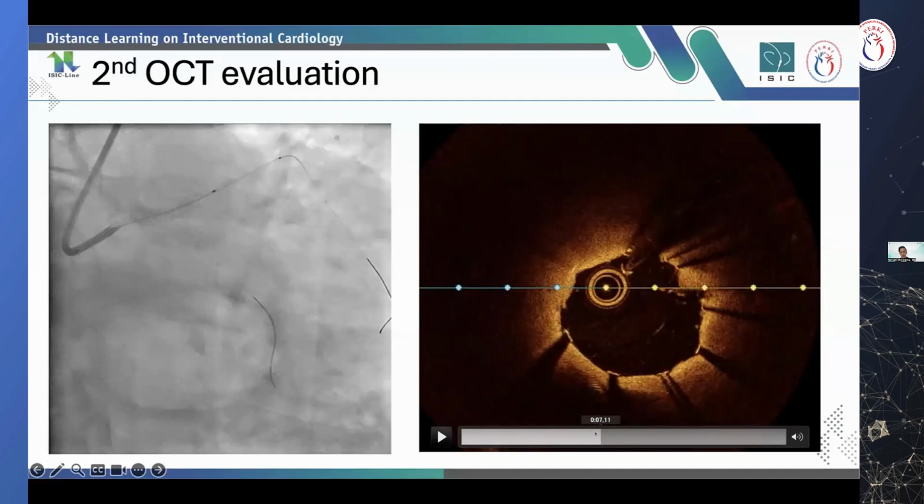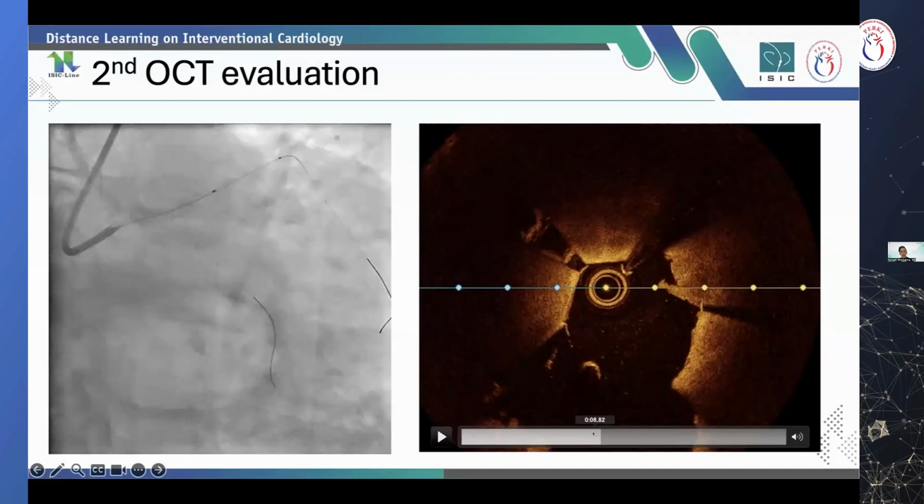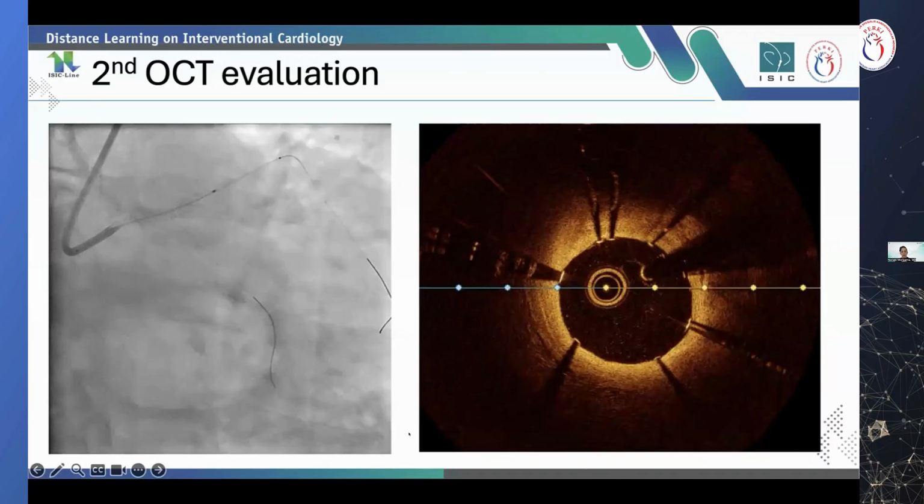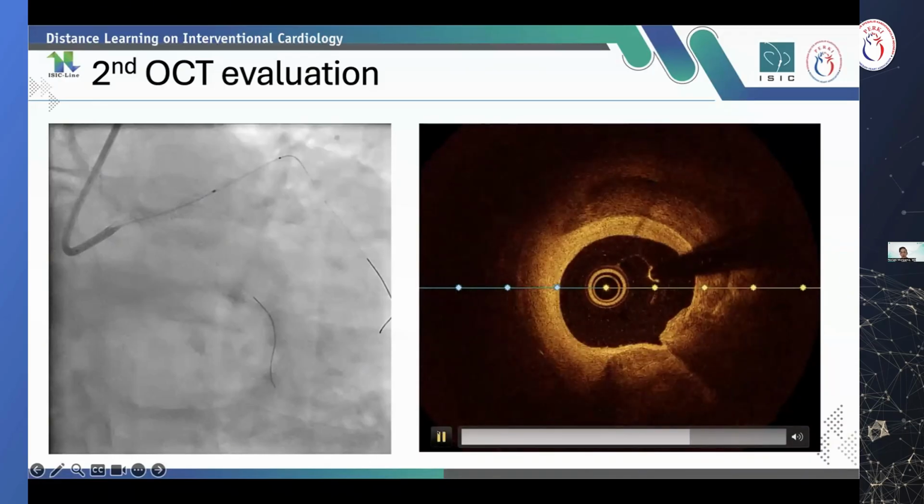I think the wire closes the distal part of the side branch. I think this is a very good sign. And this is the exact appropriate place of our side branch wire after POT technique. And I will show you the distal part.